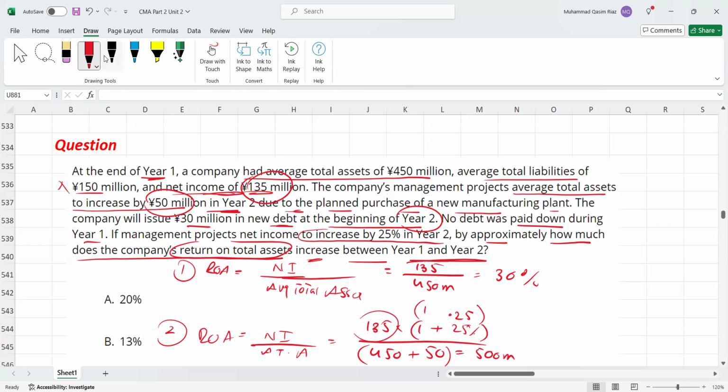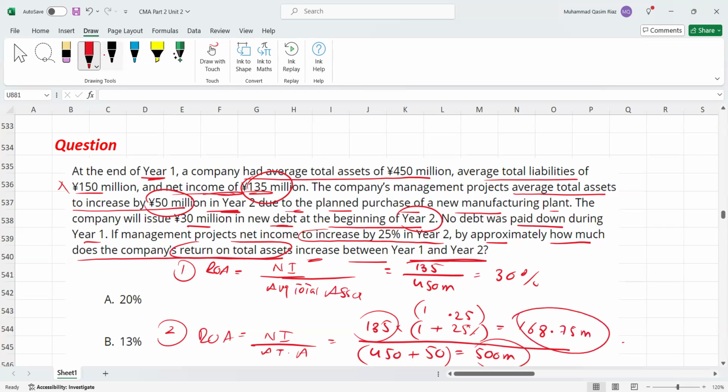So if I multiply 135 by 1.25, I will automatically get the net income increased by 25%. So 135 times 1.25 means my net income is going to be 168.75 million. This is my net income.